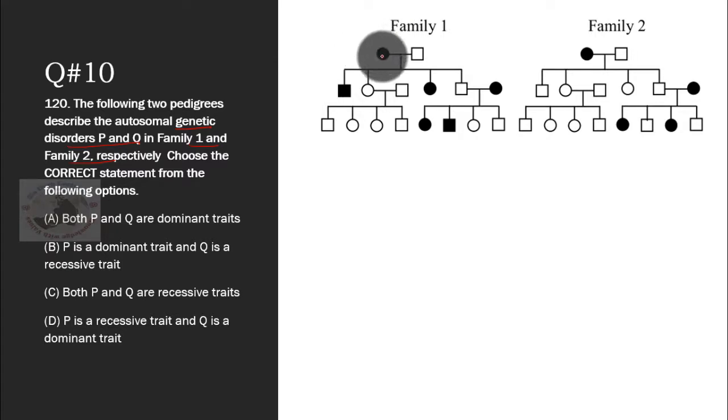Here, if you see, the first generation itself got the disease. With this I can say this might be dominant. Hence the first generation itself got it.